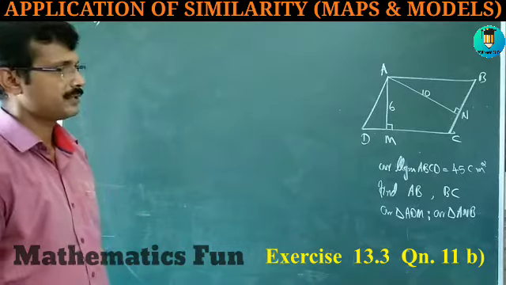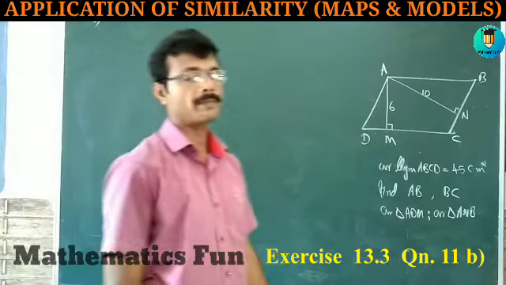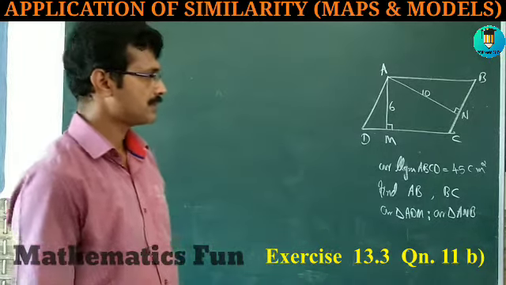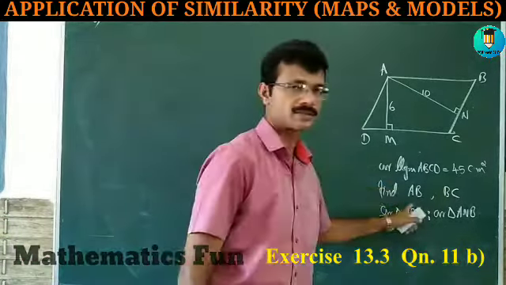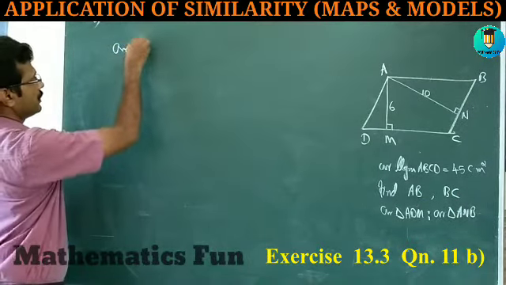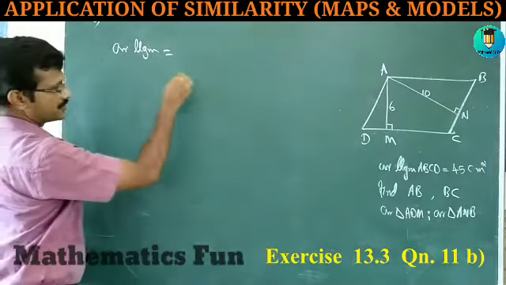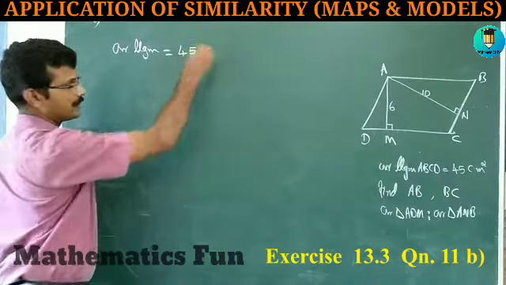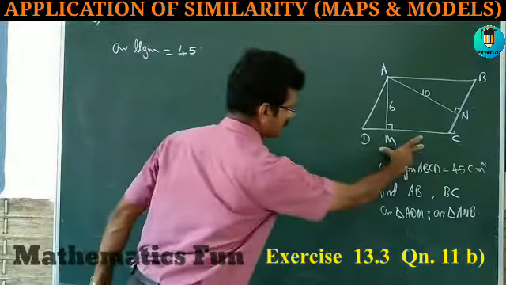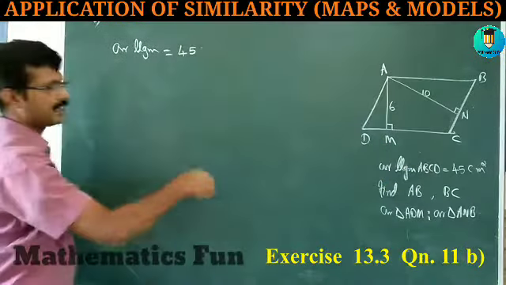With the support of altitudes and area, we know the area of a parallelogram is base into height. So if you use that, we will be able to find these two parts. Area of parallelogram is given already, 45, and area is equal to base into height. If I take DC as the base, height will be AM.